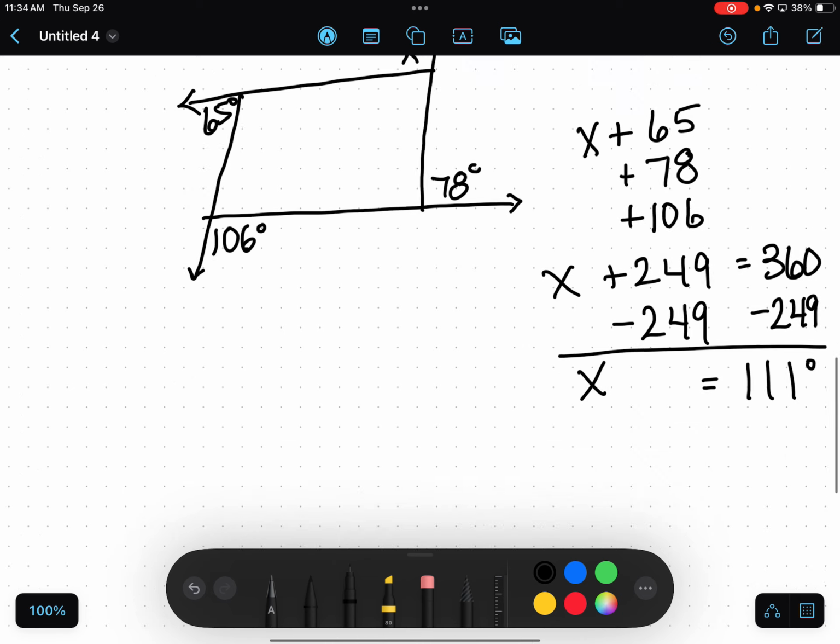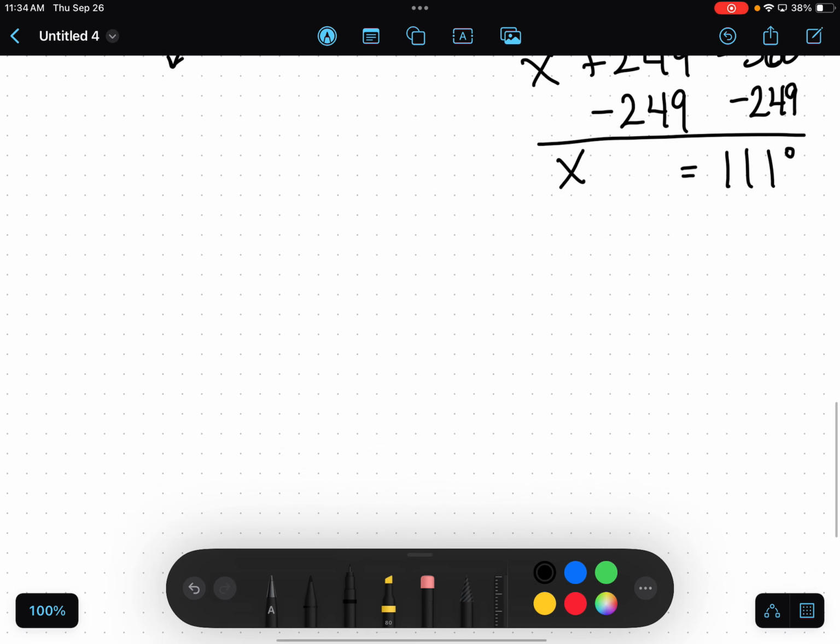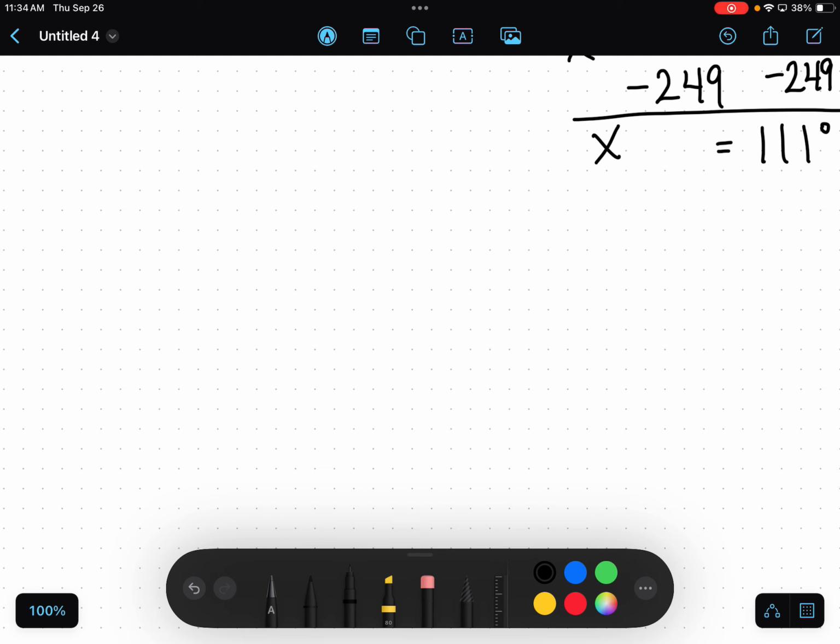Then the next part, let me give you one more actually like that. This coming out here, it's going like that. This is going to be a 2x now. This will be a 3x.